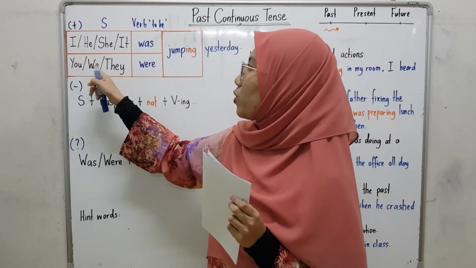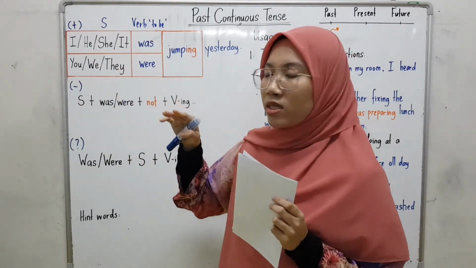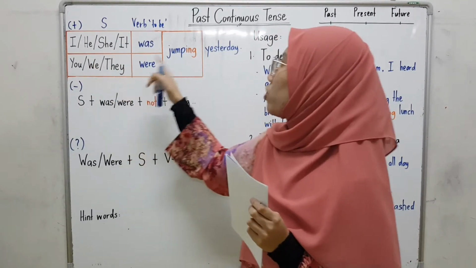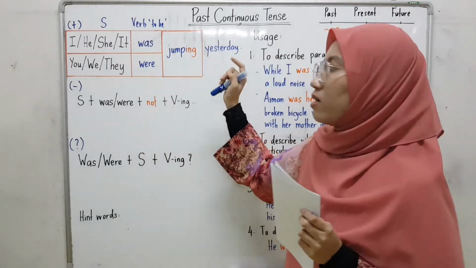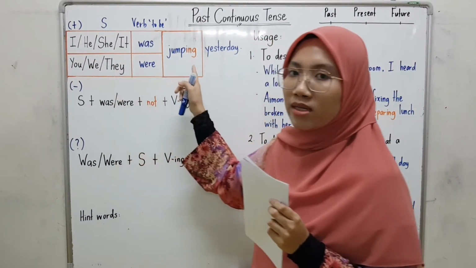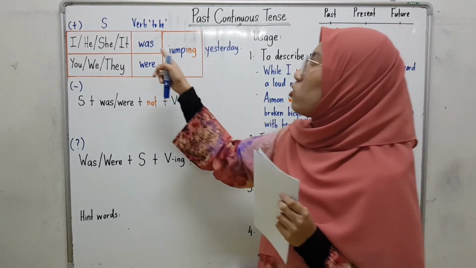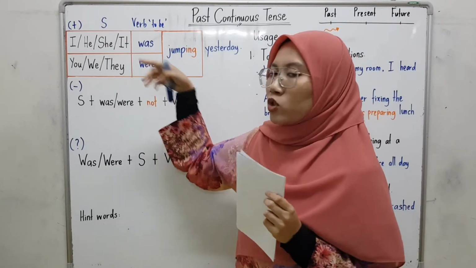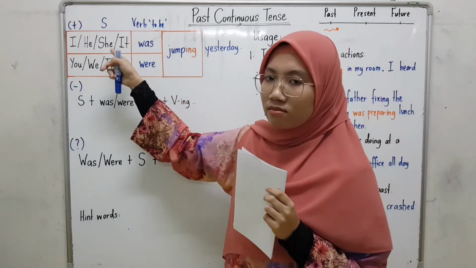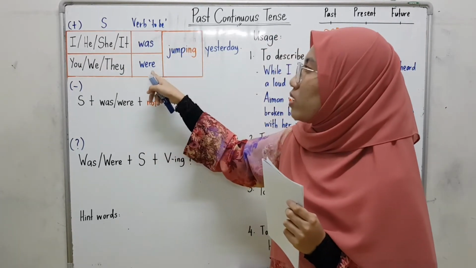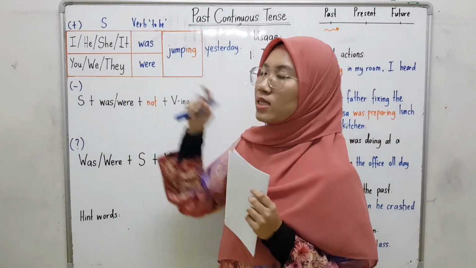You, we, and they are in the same category, were. So you were jumping yesterday. We were jumping yesterday. Or they were jumping yesterday. To refresh, verb to be was is used for singular subject, while were is used for plural subject.